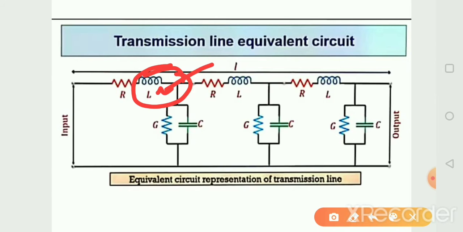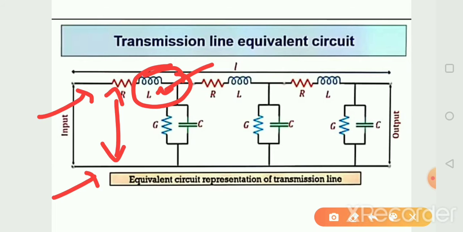Now we have an upper conductor and a lower conductor. Here we have a dielectric medium between them. This dielectric medium is not perfect. Because of this, there is a leakage of current in the transmission line.